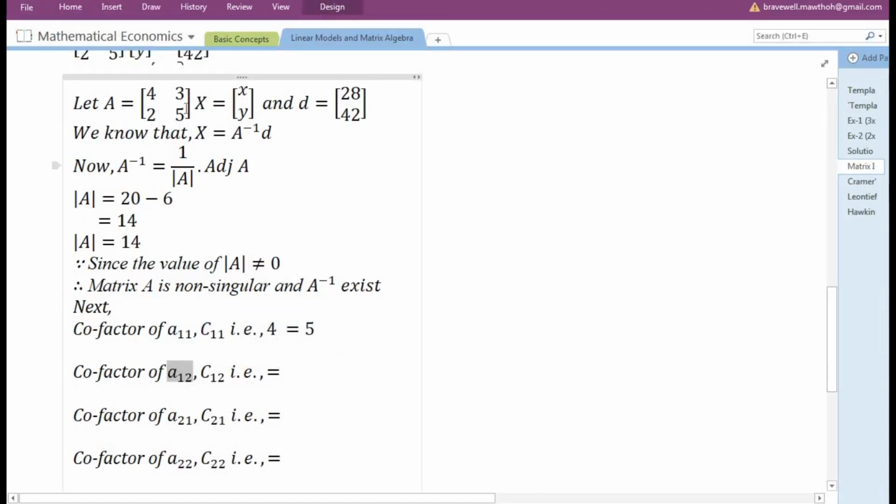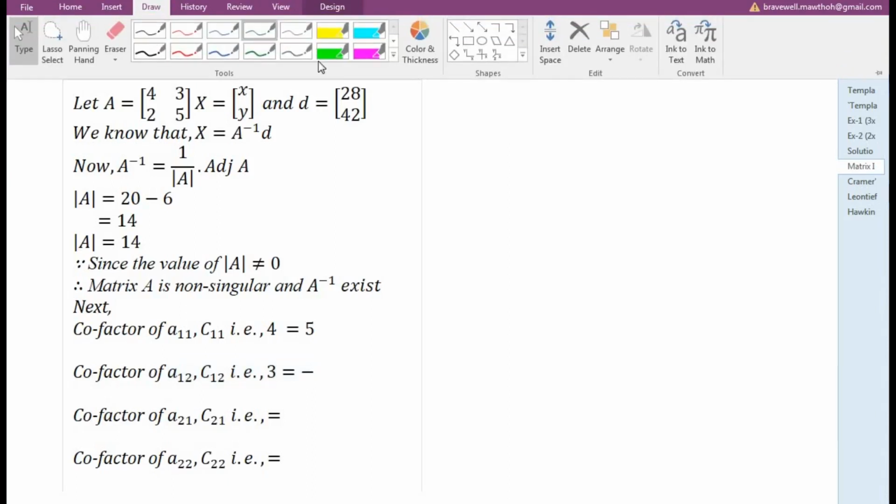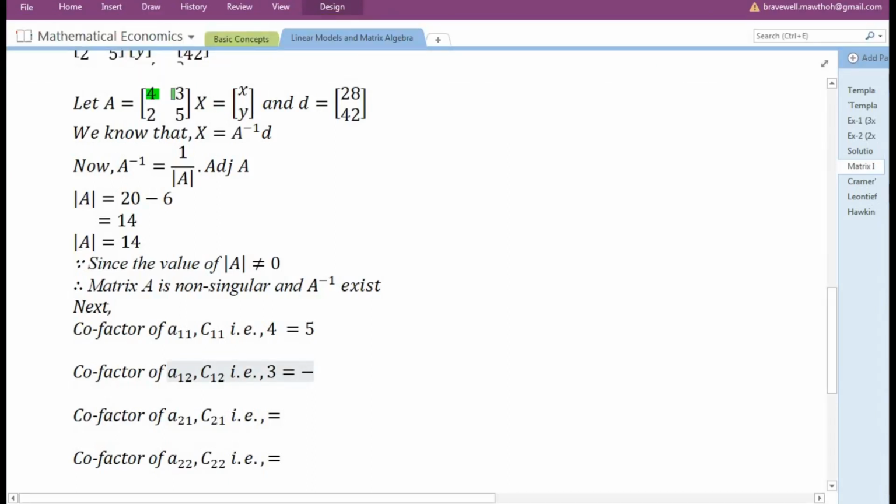Cofactor of A12, element present in the first row and second column, that is 3. 1 plus 2 is 3. 3 is an odd number, so its positional sign will be minus. After deleting the row and the column in which the element is present, we are left with element 2. So this is the cofactor of A12.